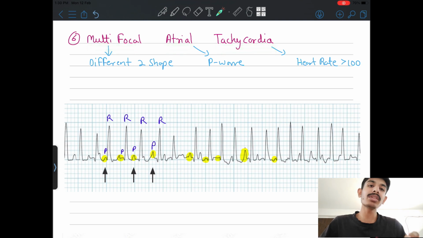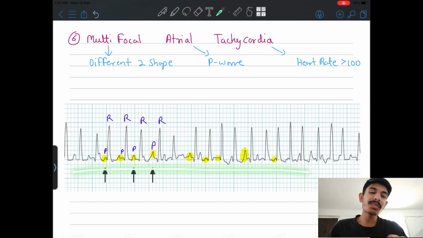Its name itself gives a hint: multifocal means different shapes, atrial means P wave, and tachycardia means heart rate more than 100. As I told you, heart rate increase is tachycardia, heart rate decrease is bradycardia. So just look at the graph. As you can see in the full ECG, the P wave is different in every part.